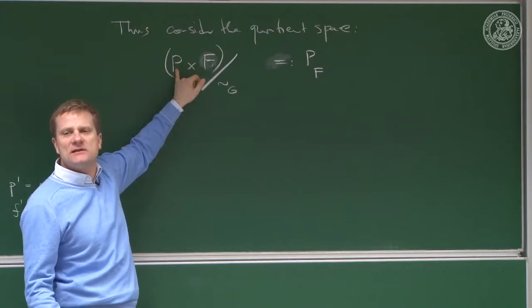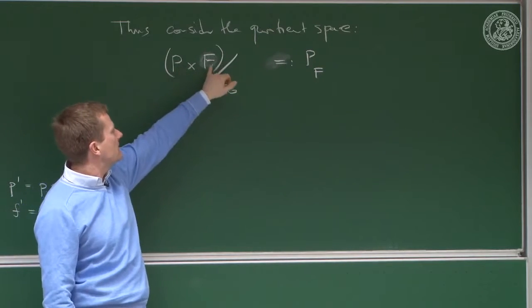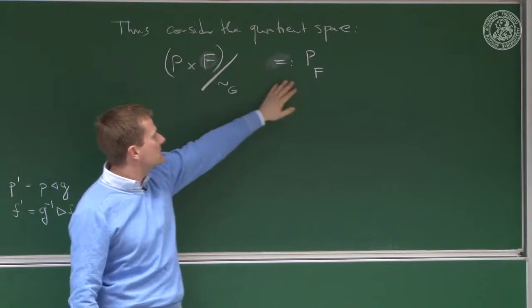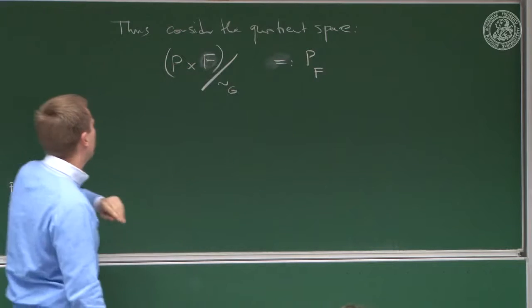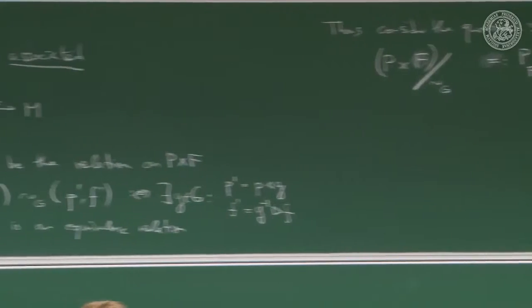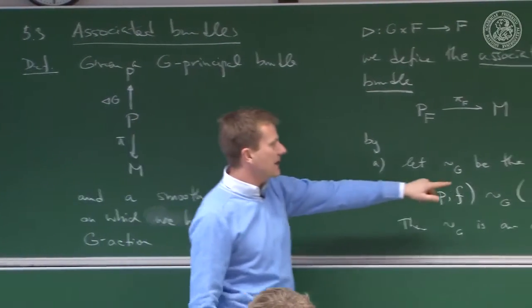Well, essentially only the base manifold. And now you attach to it this fiber. So what we expect this to be is a fiber bundle. We haven't written down the projection map yet, but we expect what we constructed here, this P_F, to be the total space of a bundle over M, where the typical fiber is F.